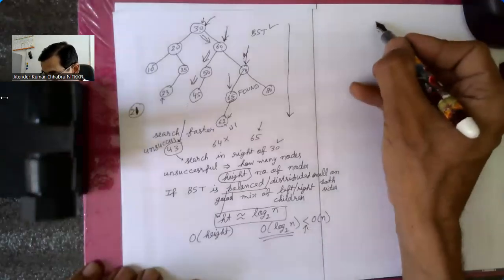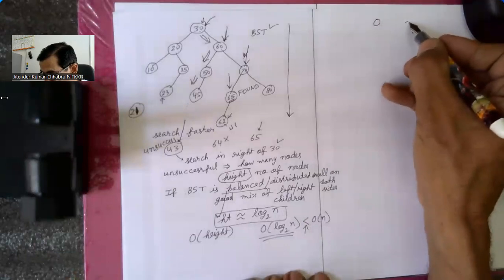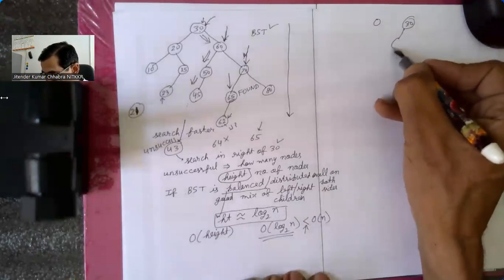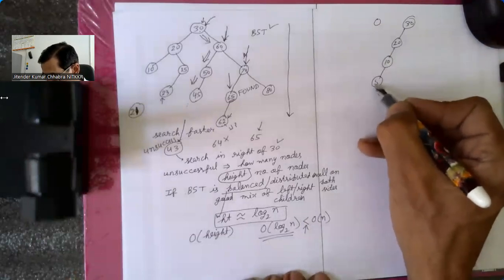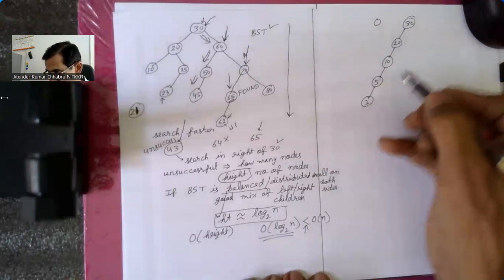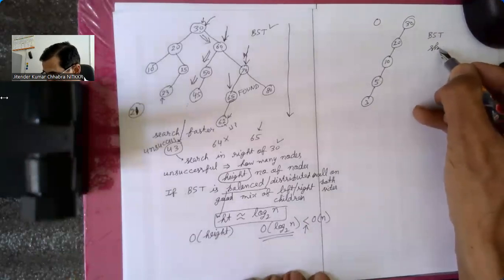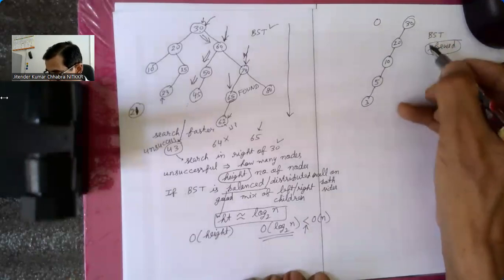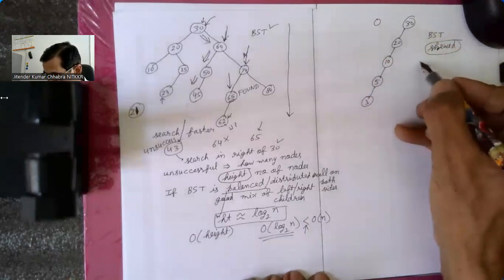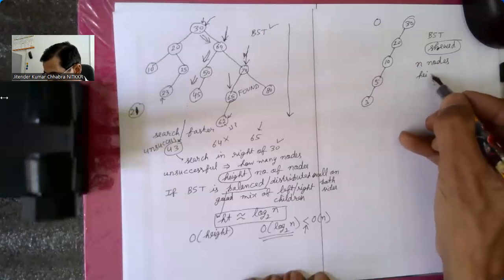Of course, if my BST is not balanced, that could mean that it is skewed in one direction. For example, it is also possible that such a tree exists. This is still a BST, but it is unbalanced, or I normally call it a skewed BST. No right children, so effectively n nodes mean the height also becomes n.